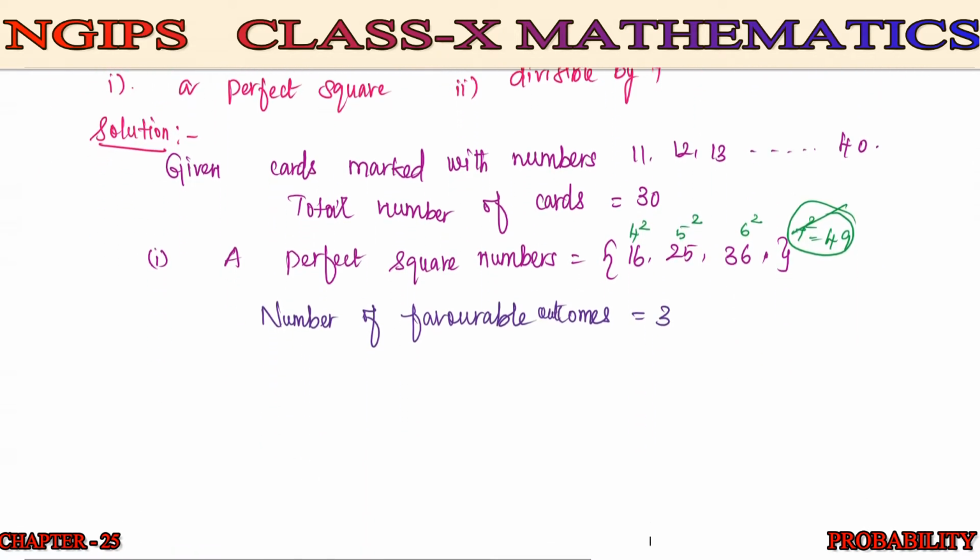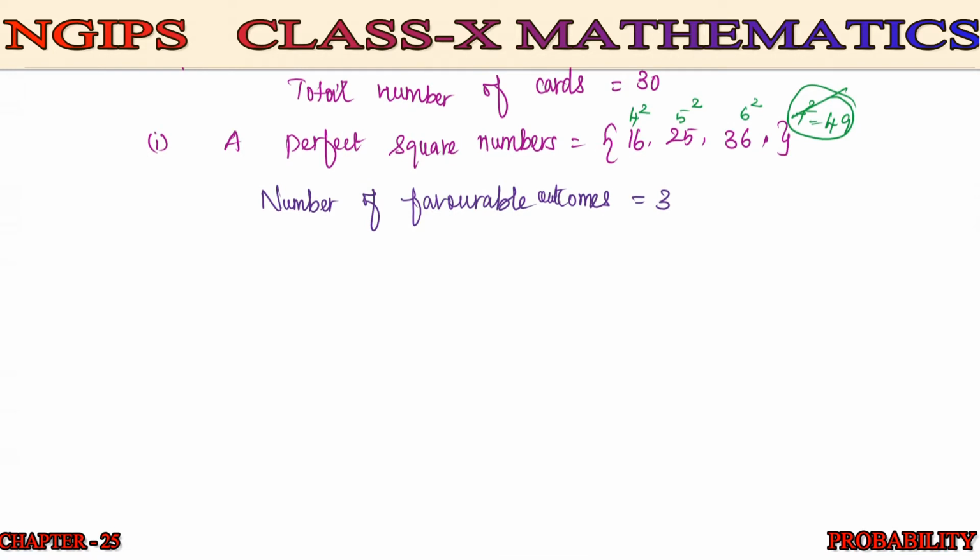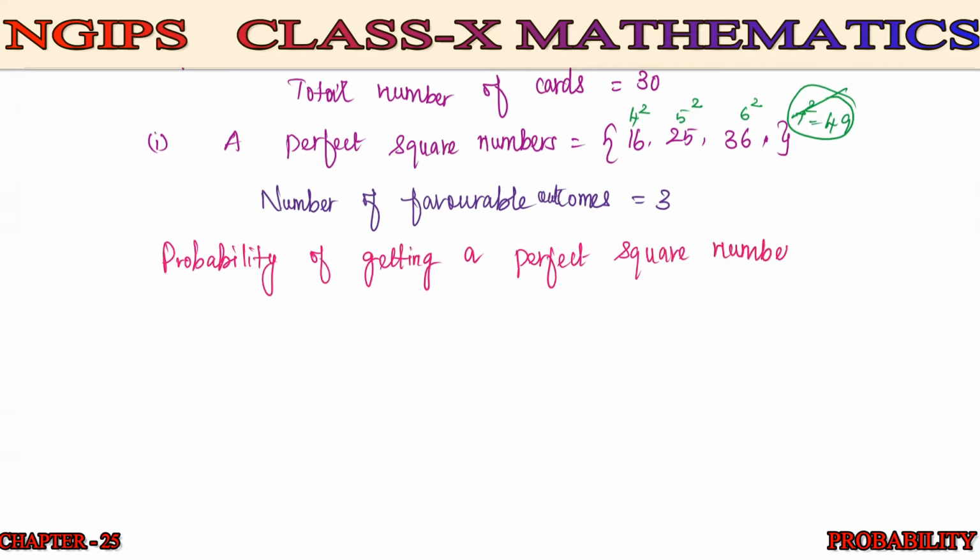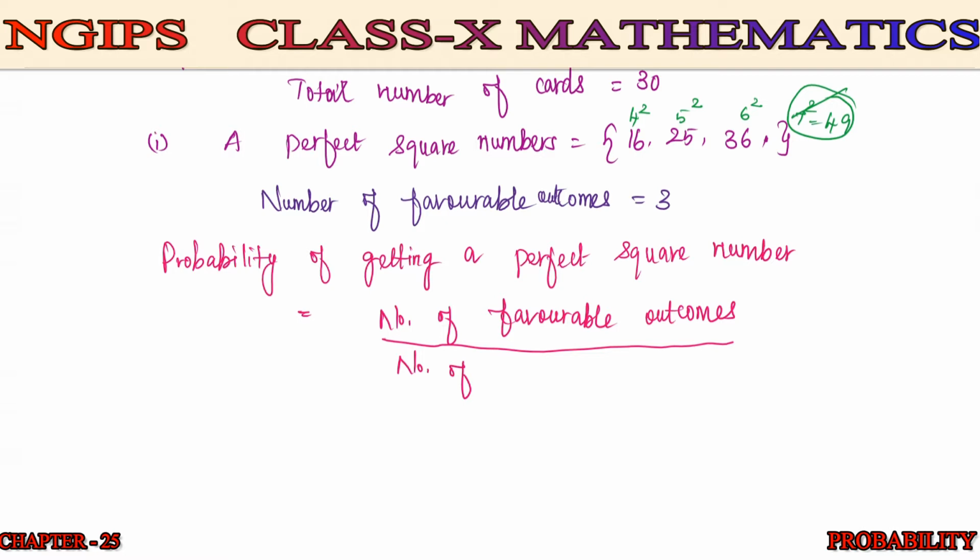Now we are going to find the probability of getting a perfect square, which is equal to number of favorable outcomes divided by total number of possible outcomes.